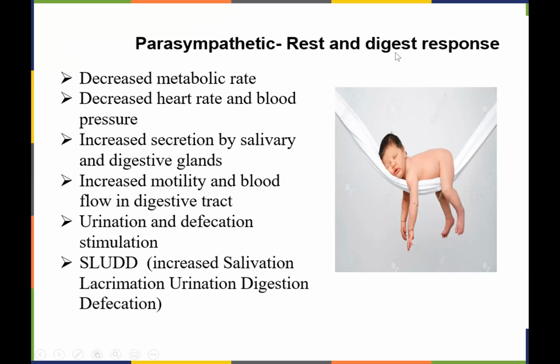All those will happen at its peak activity then. So your metabolic rate slows down. You can feel your heart beating very rhythmically. Your blood pressure drops. There is increased salivary gland production. Salivary glands will make a lot of saliva. That is important for digestion.